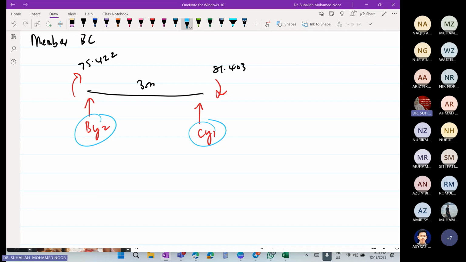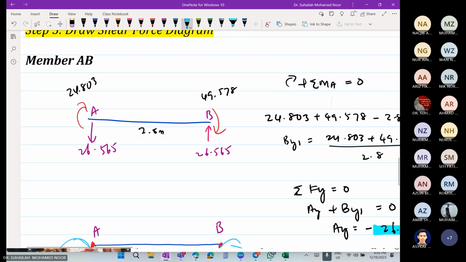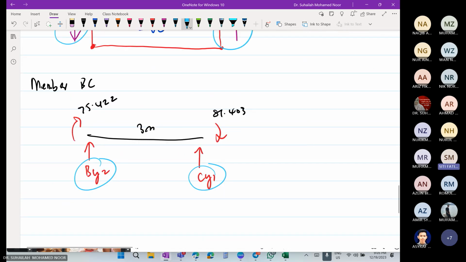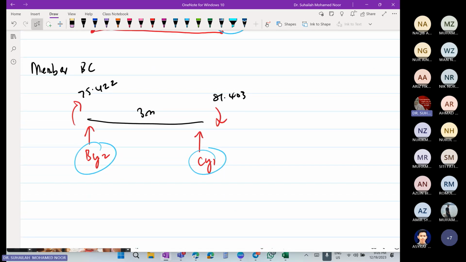Okay, so when taking moment at B, it is 75.422 plus 81.403 total. We divide by 3.